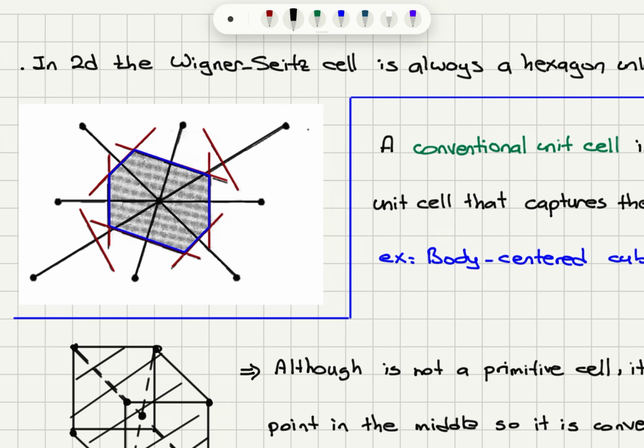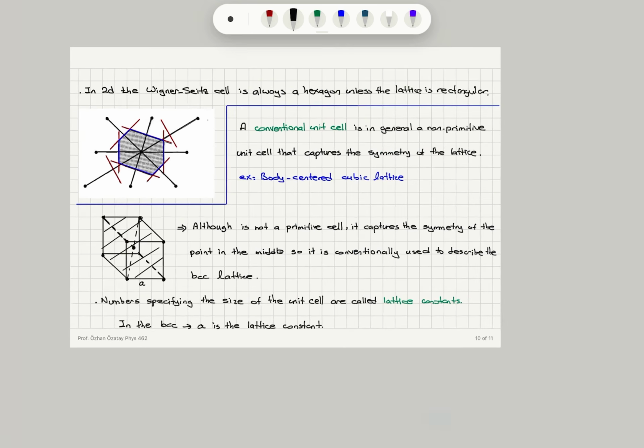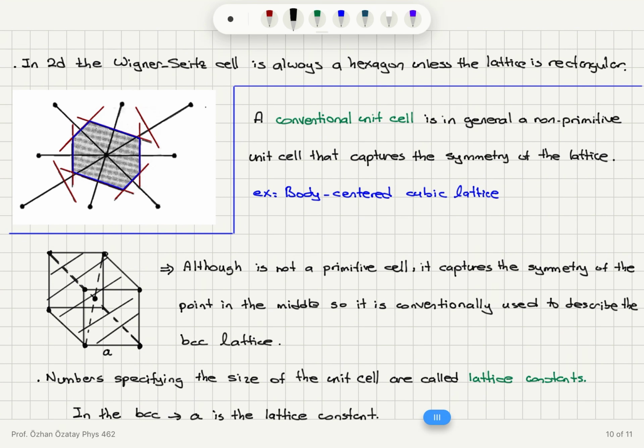But here you can see for a general lattice structure, if you follow the Wigner-Seitz procedure, you draw the lines connecting the center atom to its nearest neighbors, and then look at the midpoints of each line and draw a perpendicular to each line. You can see that the smallest area enclosed by the boundaries is given by a hexagon. So this is a general feature in 2 dimensions.